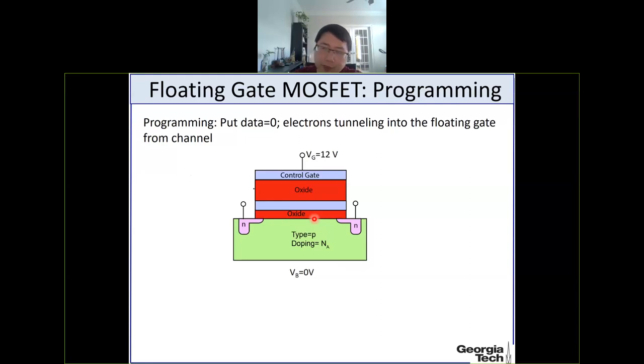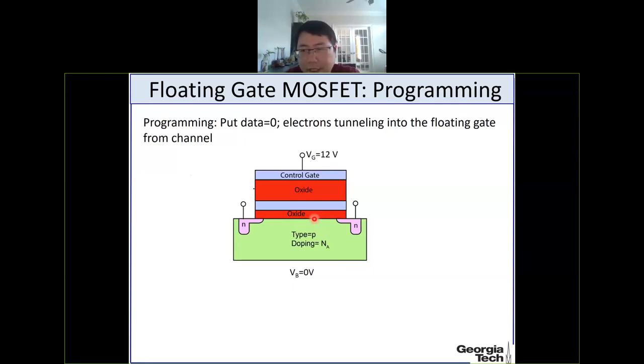It's like you are standing in front of a wall separating one room from another room. You have a drywall in between. Normally the electron, or a particle, cannot go through that.